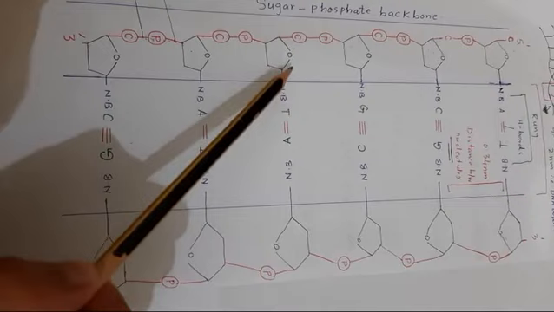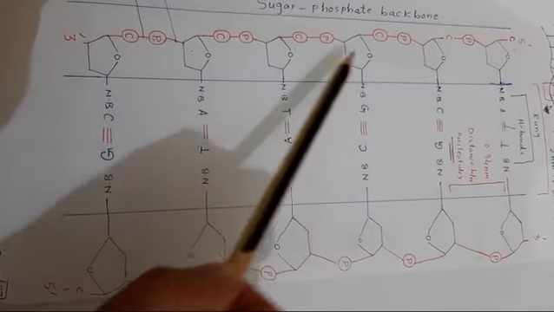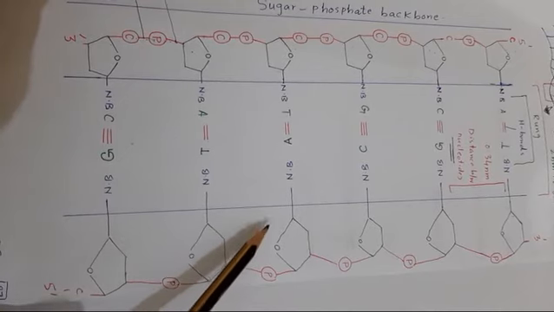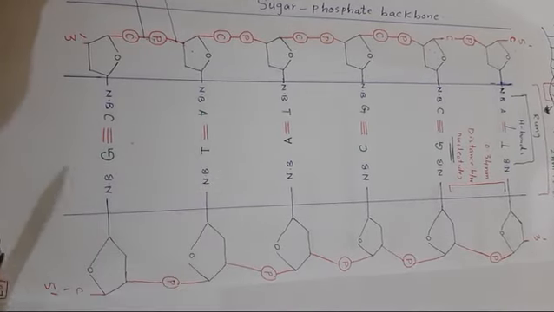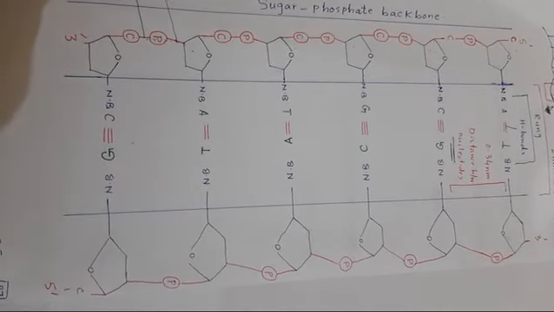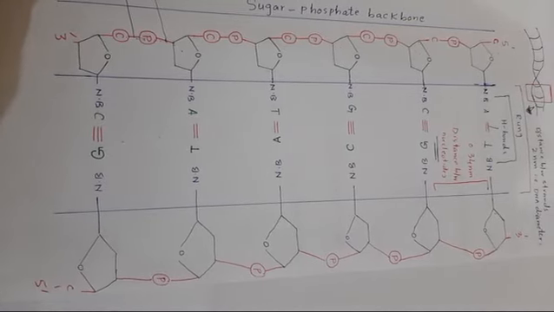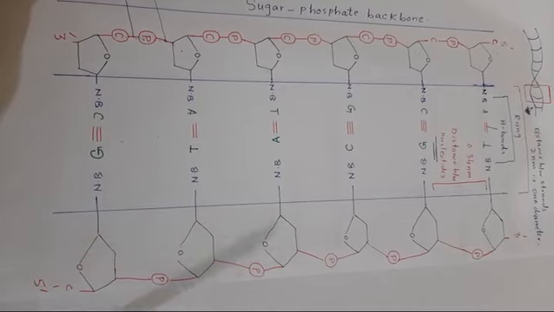So this is a nucleotide. Many nucleotides join together to form polynucleotide chains, and there are 2 polynucleotide chains called strands. So DNA is a double-stranded structure formed of 2 polynucleotide chains called strands, right?